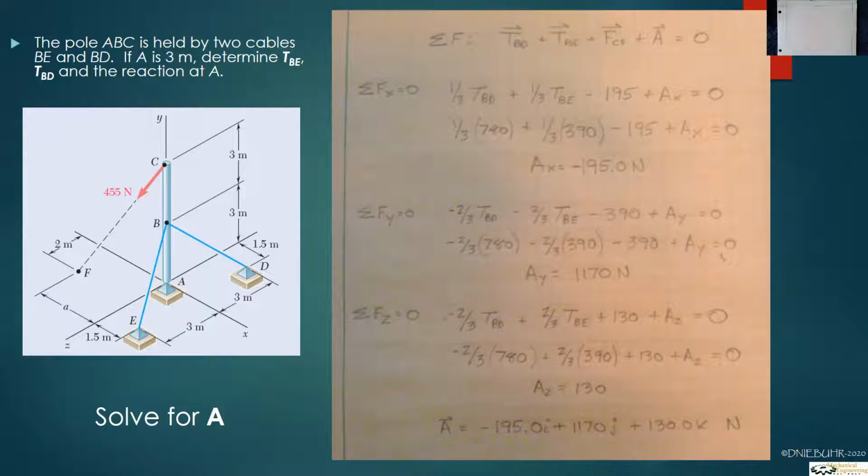And so we solve, we get the 3 values, and our final vector ends up being negative 195 I plus 1170 J plus 130 K. And that's it.